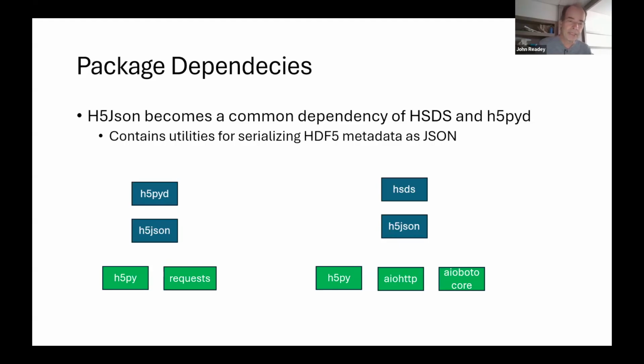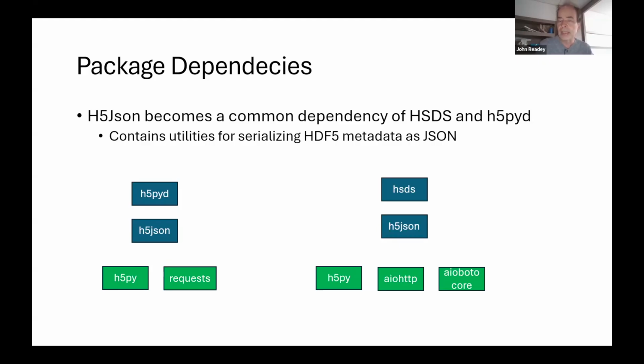So on the h5pyd side, other than h5json, there are some standard packages we use, like h5py to read from HDF5 files. We use the requests package to send HTTP requests. And on the HSDS side, we have h5py, which is used, again, to read HDF5 data.